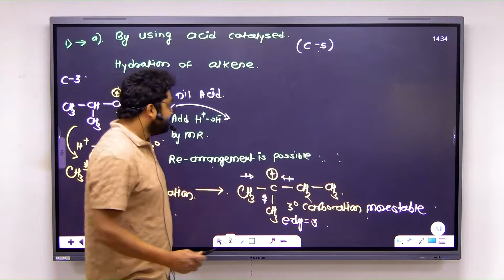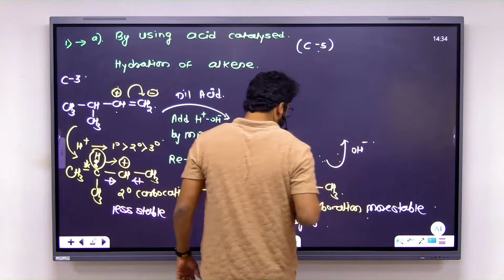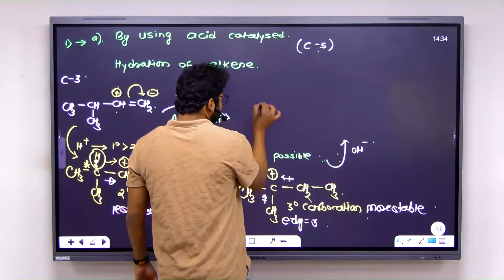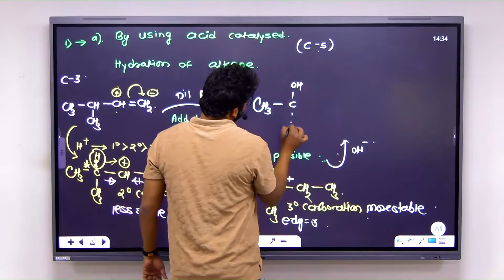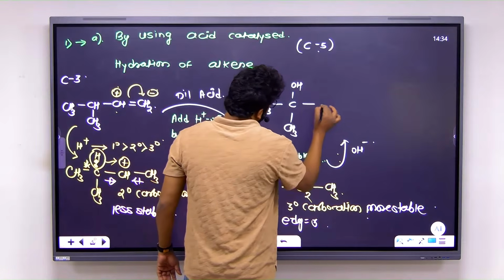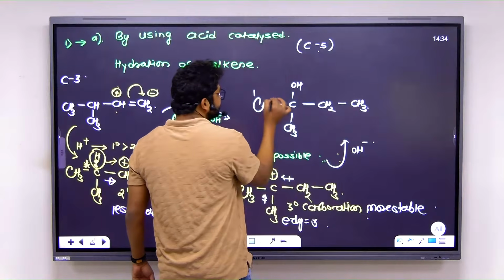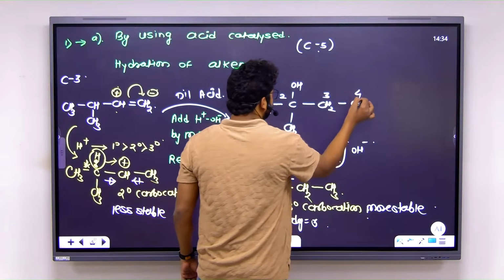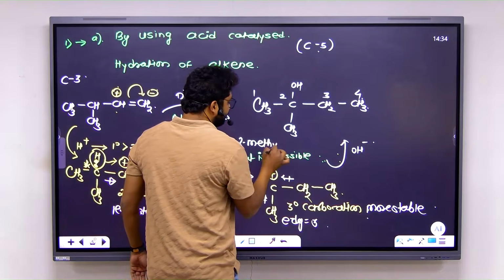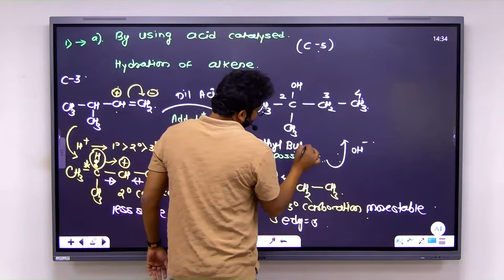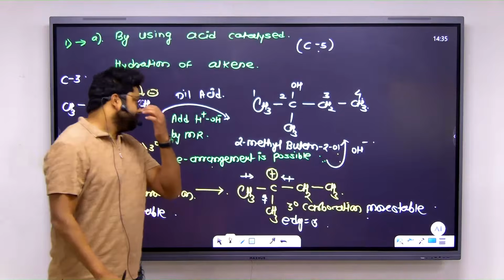And you get something like that, and at the last step you are going to add OH minus, and there is a formation of something new. What is the name of this? Tell me fast. 2 methyl what? 2 methyl butane, 2-ol or 1-ol? Yes.